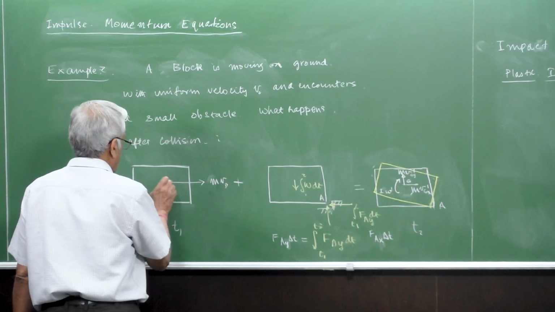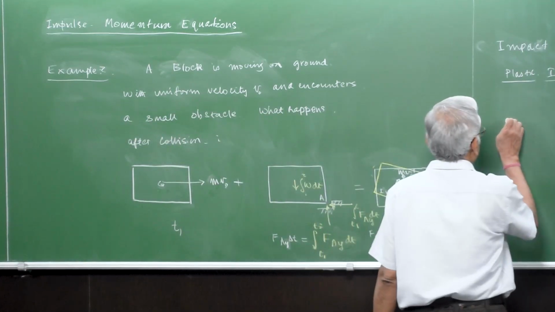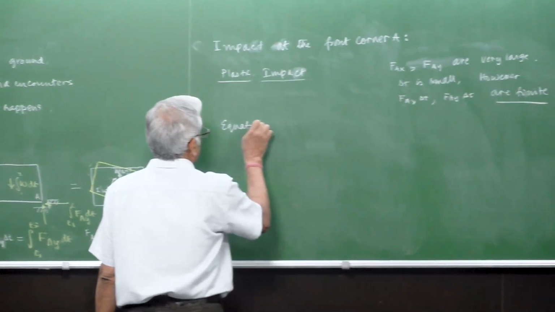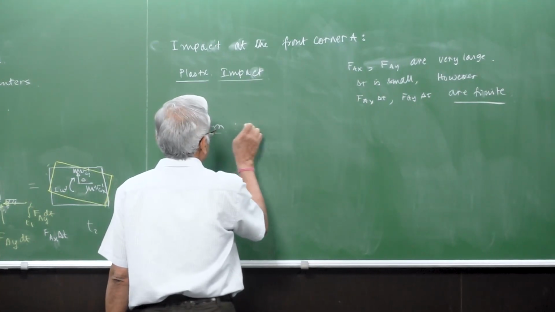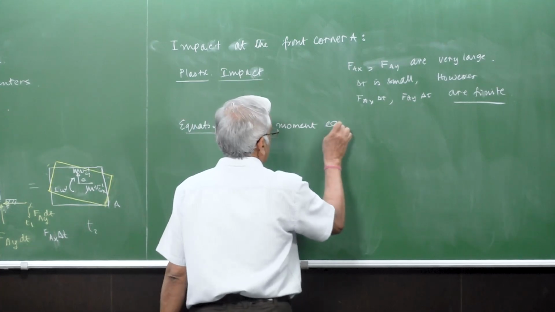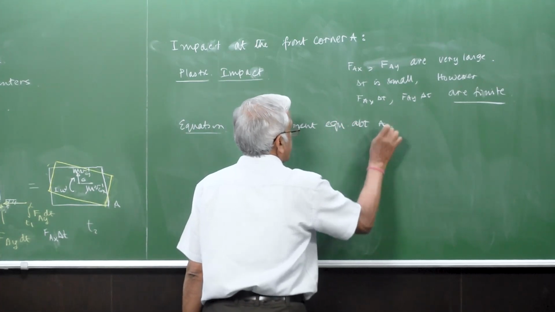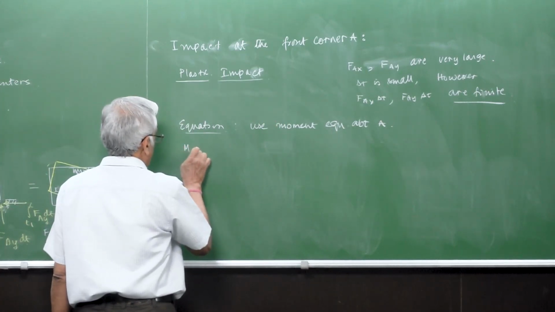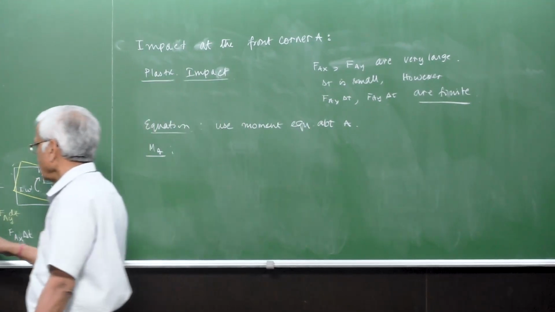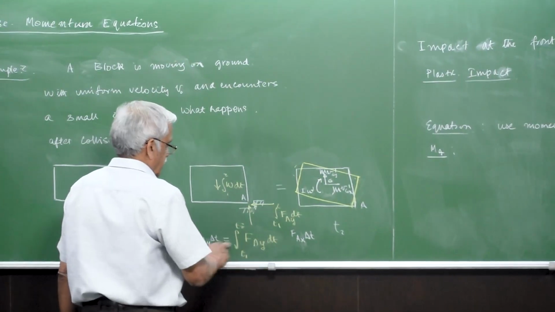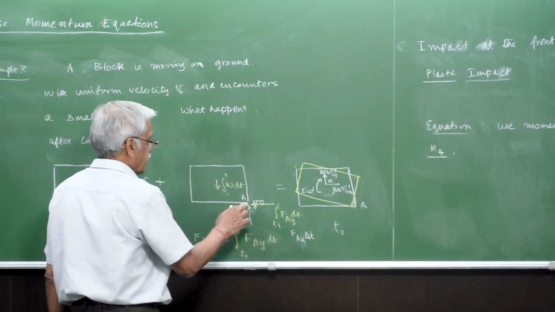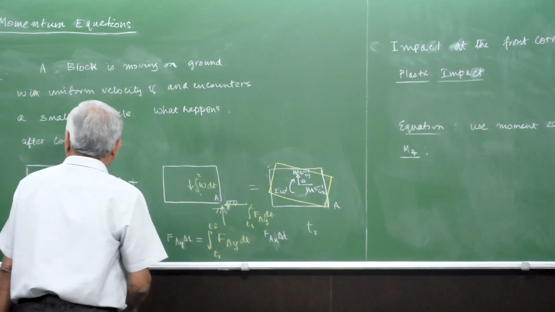Let's directly go to taking the moment equation about point A. The advantage of taking the equations about A is that the large values here, the impulses of the impact forces at A, will have zero moment.